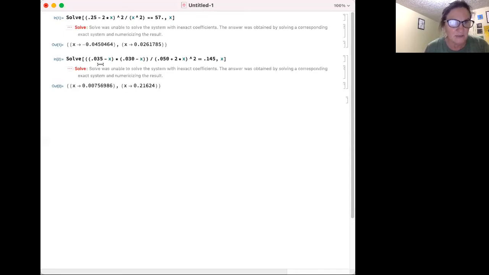I put in 0.035 minus x times 0.030 minus x divided by 0.050 plus 2 times x, and that denominator squared, and then equals 0.145, and I'm solving for x. So now that you can see these two, only one of them makes sense, the first one. The second one would make the concentrations negative when we subtracted it. So that would not make sense. So let's go back.